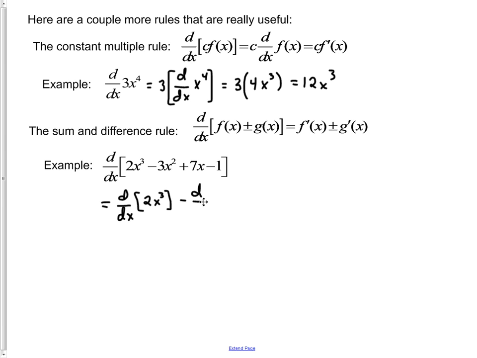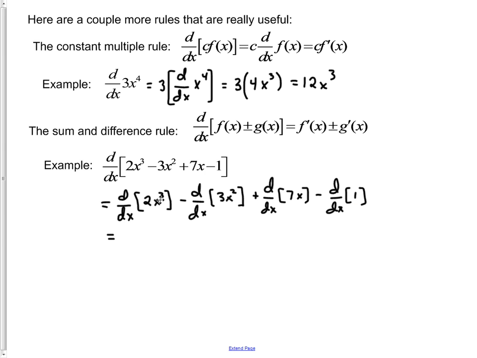minus the derivative with respect to x of our next term 3x squared, plus the derivative with respect to x of our term 7x, and minus the derivative with respect to x of our constant 1. So we know what happens with each of these things, right?